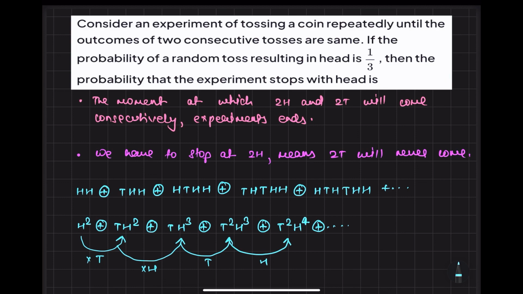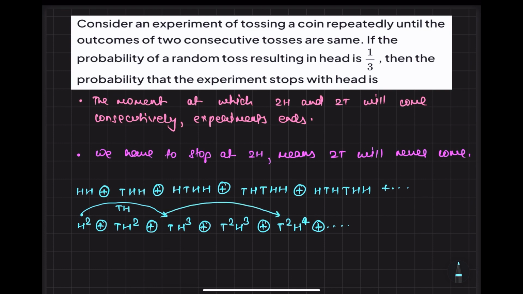Okay, so what we will do, look at this. Suppose that from this directly you are going here. So what do you want? You want tail head. From this to this you want to go. So what do you want? Tail head.